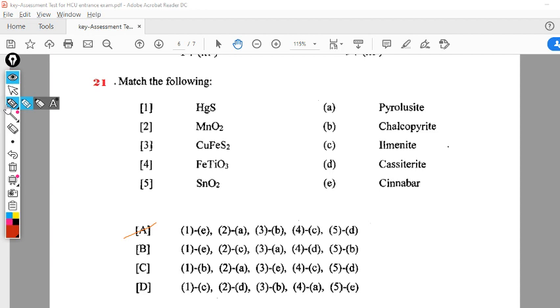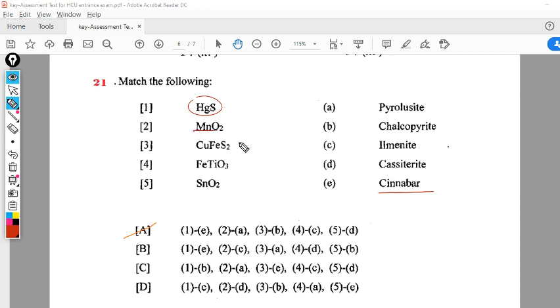These are very important, to know the combinations and their names. All are minerals. HgS is the mercury ore, which is used as a precursor for the extraction of mercury.